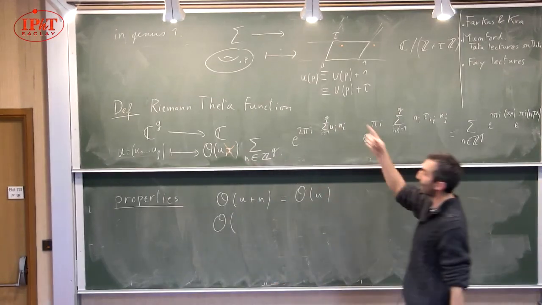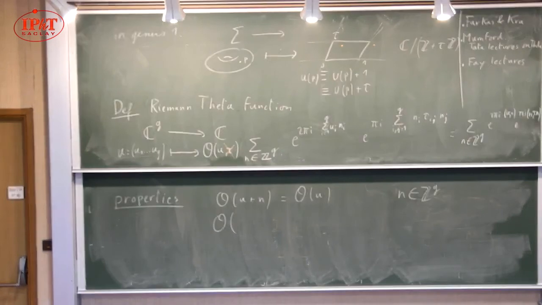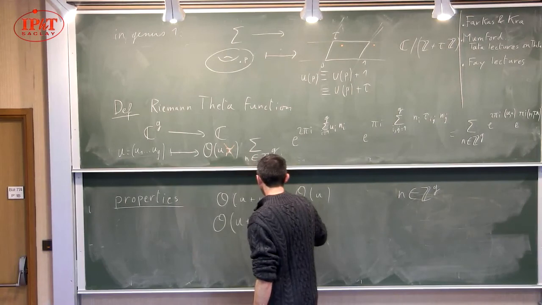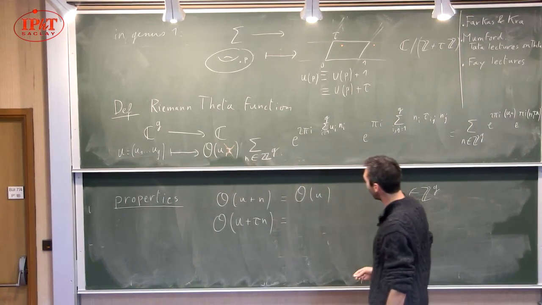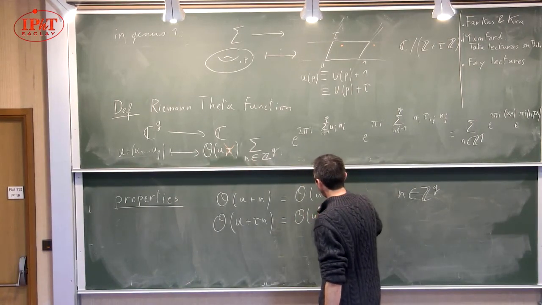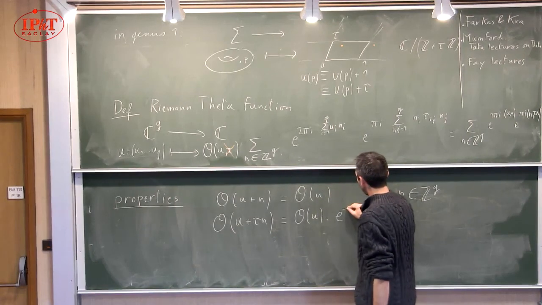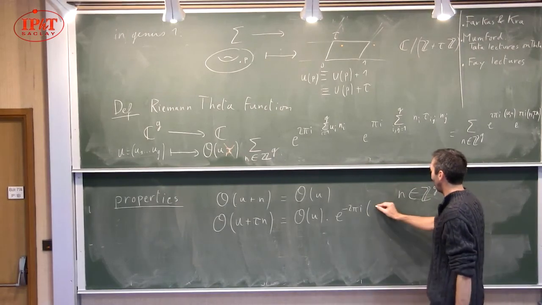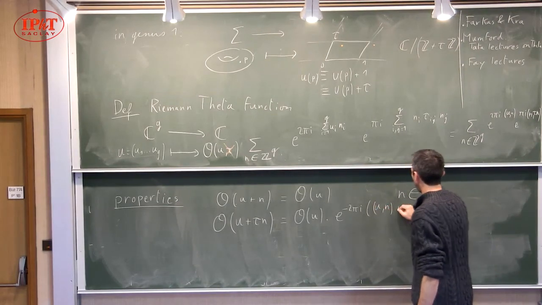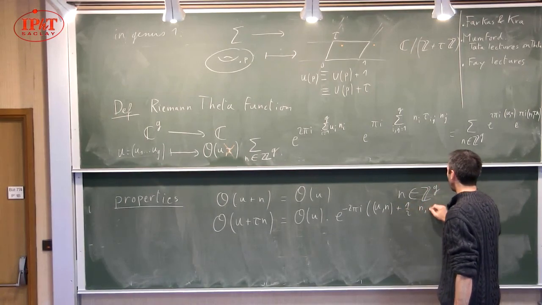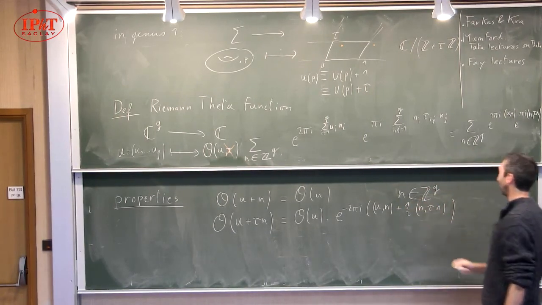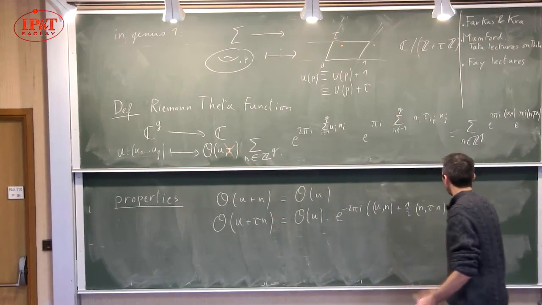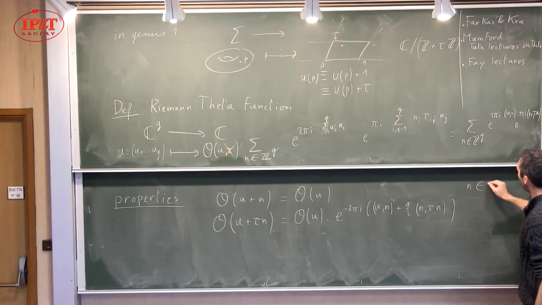Of course, it was a Fourier transform. But theta of u plus tau n is theta of u times exponential minus 2 pi i of u dot n plus 1/2 of n tau n, for an integer vector, so for n belongs to Z^g.